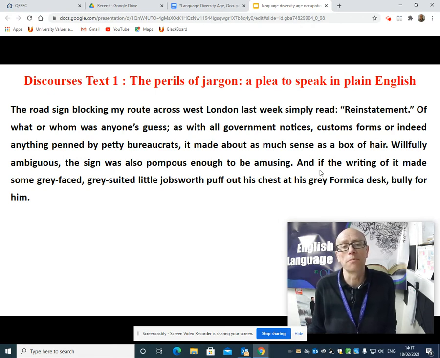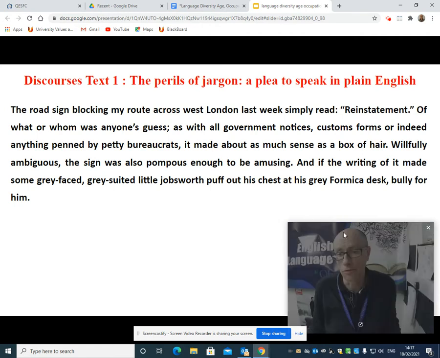And if the writing of it made some grey-faced, grey-suited little Jobsworth puff out his chest at his grey formica desk, bully for him. Again, we've got this use of repetition in the group of three, because you've got the repetitions of grey here, grey-faced, grey-suited, and grey formica. Okay, so it's obviously being presented in a very negative way.